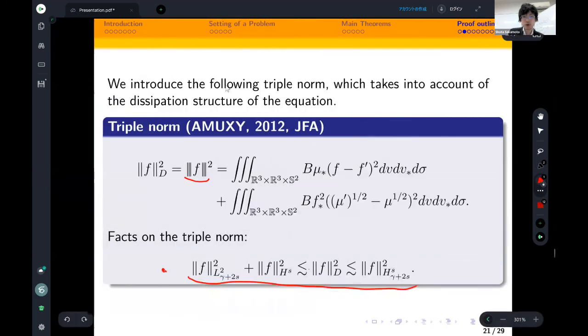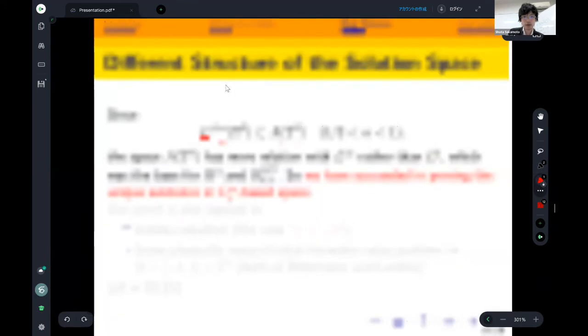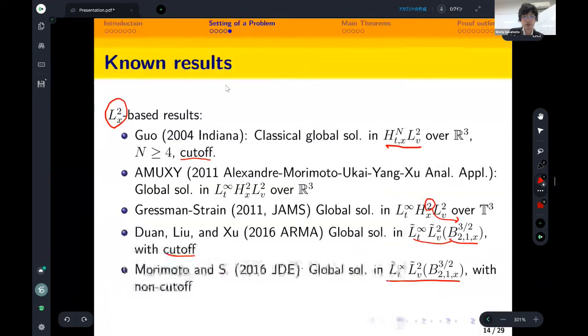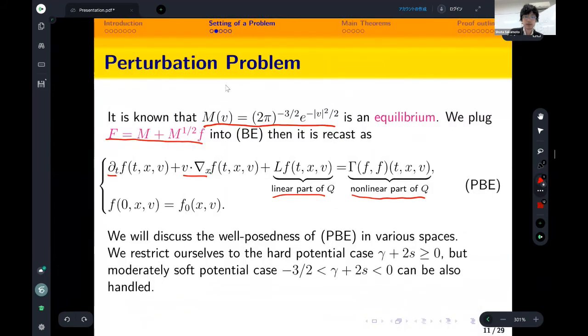This is the usual energy estimate. Where is the equation? Here. So if we multiply small f to this equation, then from this part we have the t derivative of the norm of f squared. And since here we have gradient x, the integral of gradient xf times f vanishes, so we don't have to consider it.